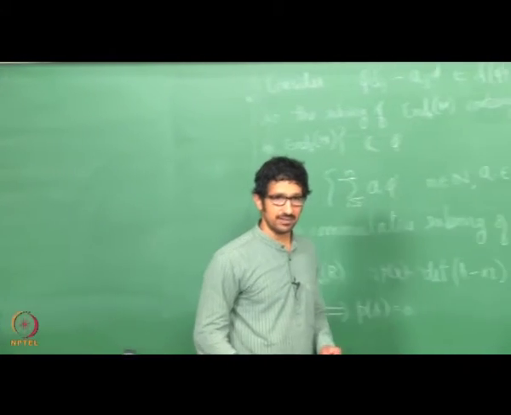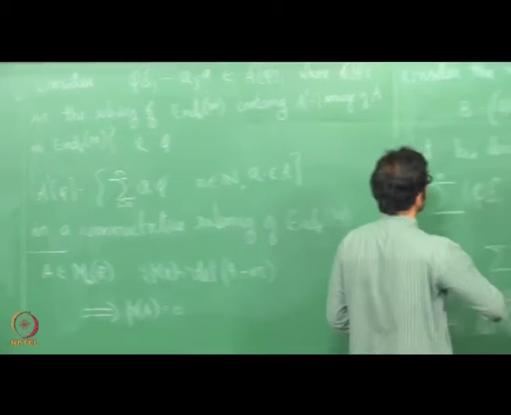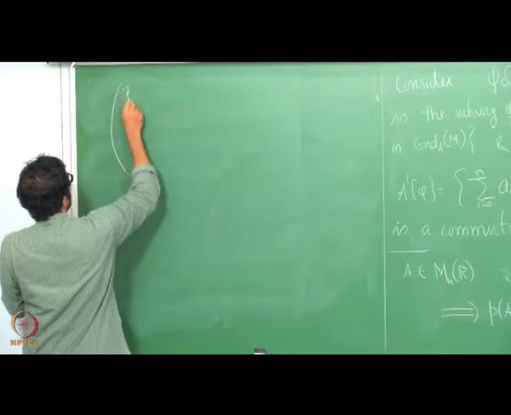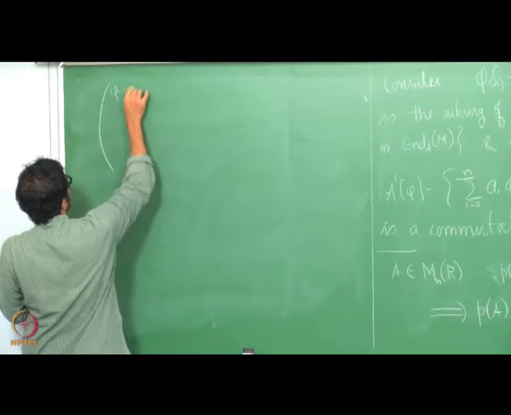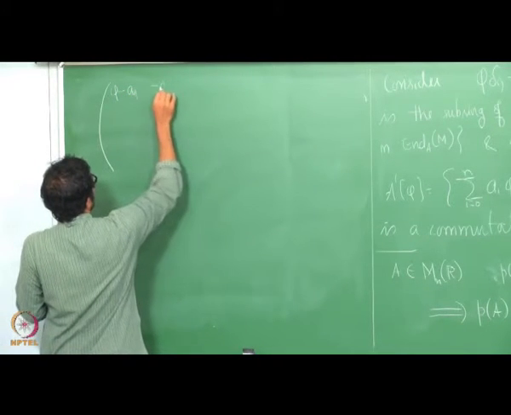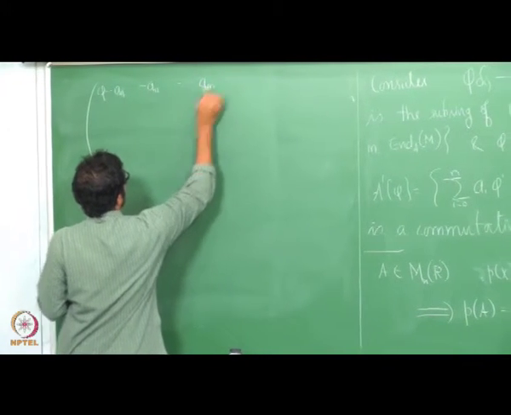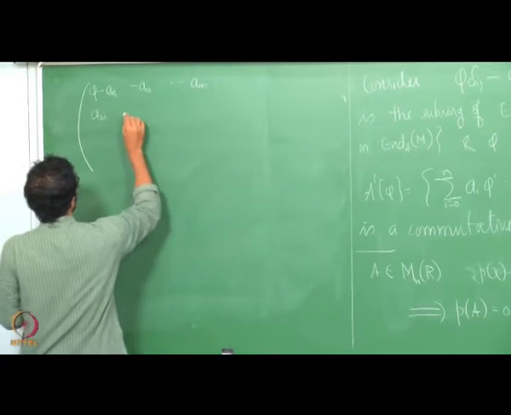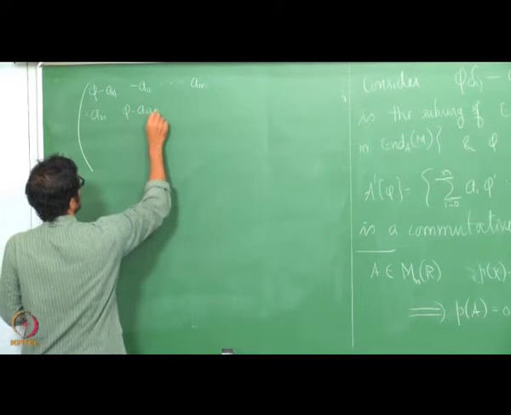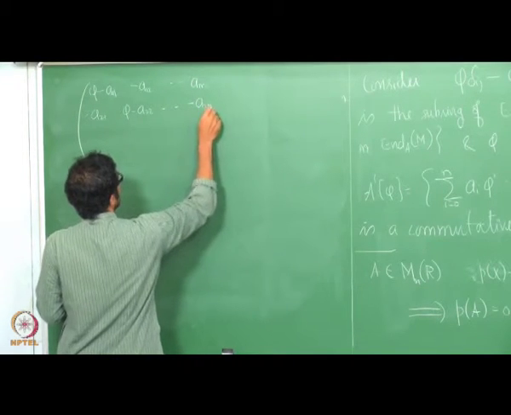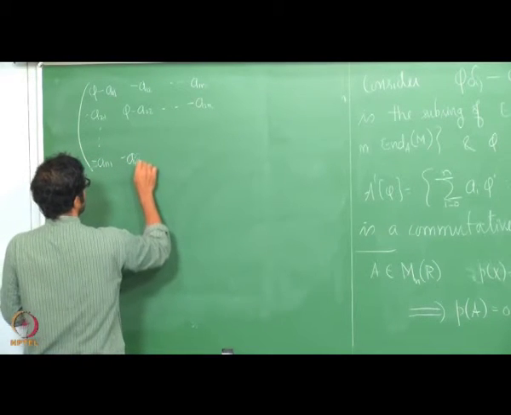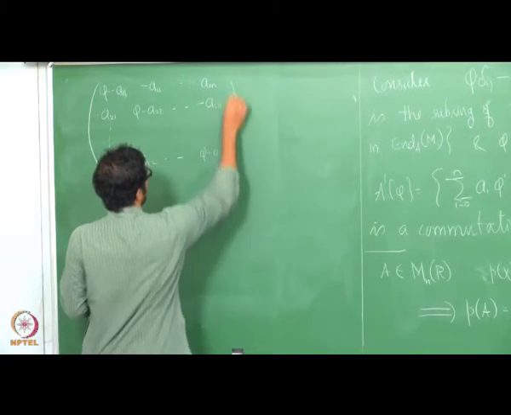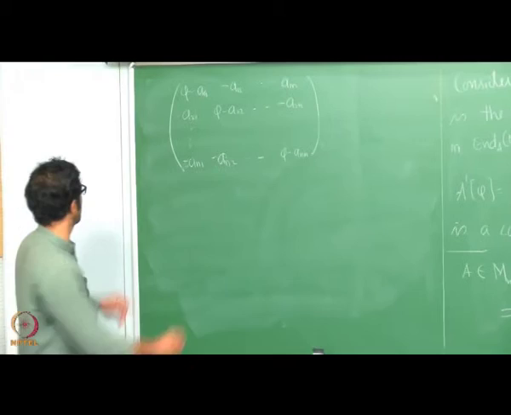And so your matrix looks like this: φ minus a11, minus a12, up to minus a1n; minus a21, φ minus a22, up to minus a2n; and so on down to minus an1, minus an2, up to φ minus ann. Right, this is how the matrix B looks.